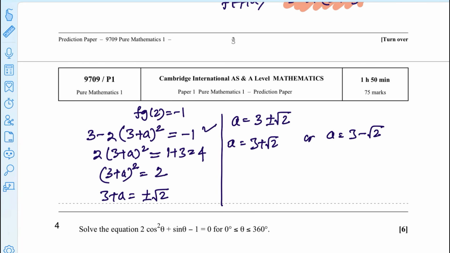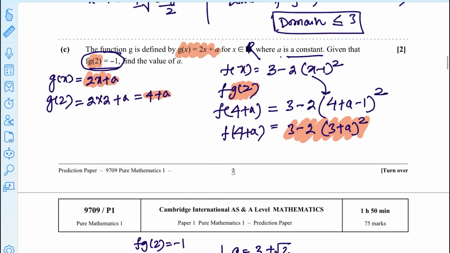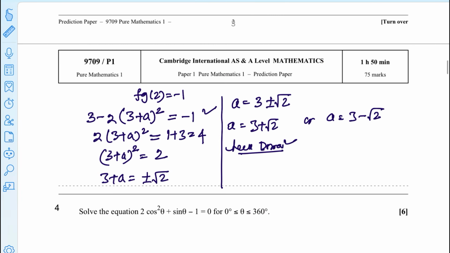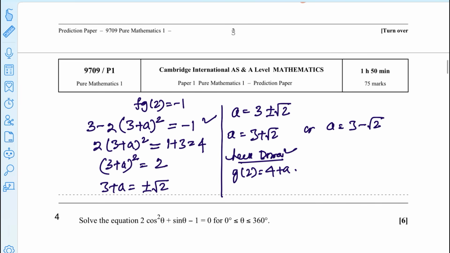But which is the answer for this one? For that, I have to check the domain. If you see this, we got to know that g of 2 equals 4 plus a, right? So what is the domain of f(x)?